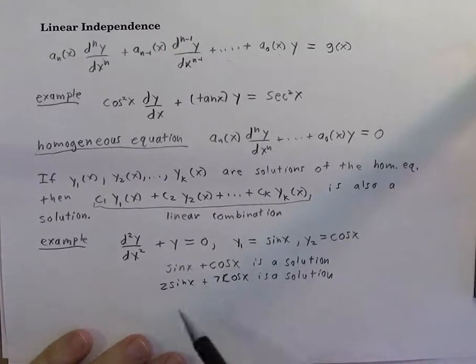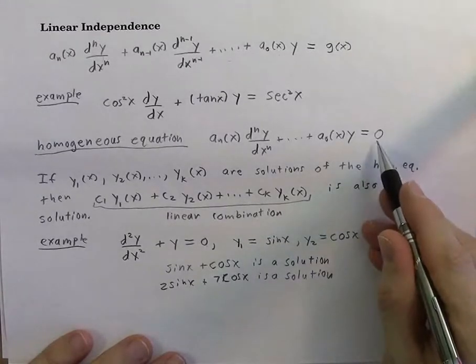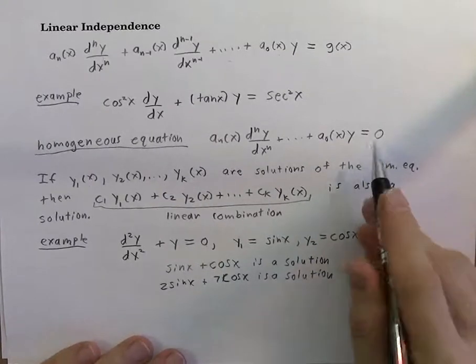So there are many other possible solutions that we can generate this way just by changing the values of the constants. And this is something known as the superposition principle. So when we combine solutions together, we get yet more solutions for the differential equation. Now the superposition principle works only in the case of a homogeneous differential equation. So you've got to have that 0 on the right side.